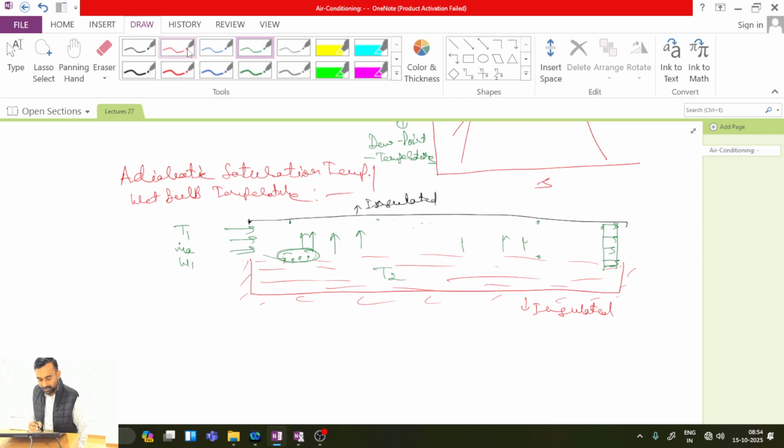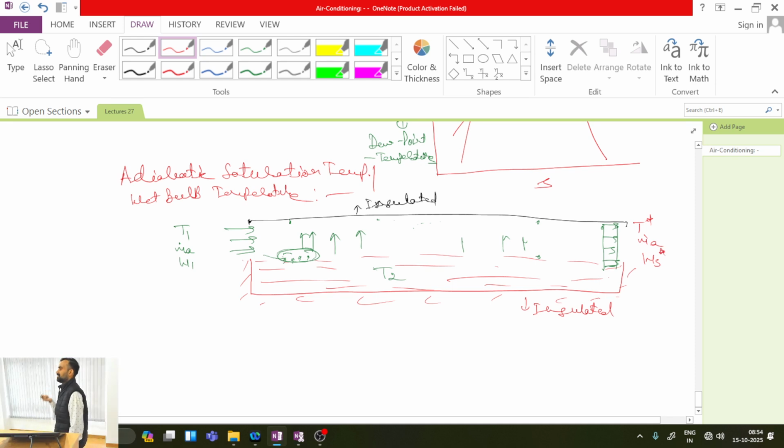Because of cooling of the air, say it is coming out at temperature T star. Of course, the mass flow rate of dry air will remain the same under steady state condition, and humidity has become, say, Ws star. Ws represents the saturated state and star represents the temperature condition of the adiabatic saturation limit. So this temperature is what is called the adiabatic saturation temperature or wet bulb temperature.